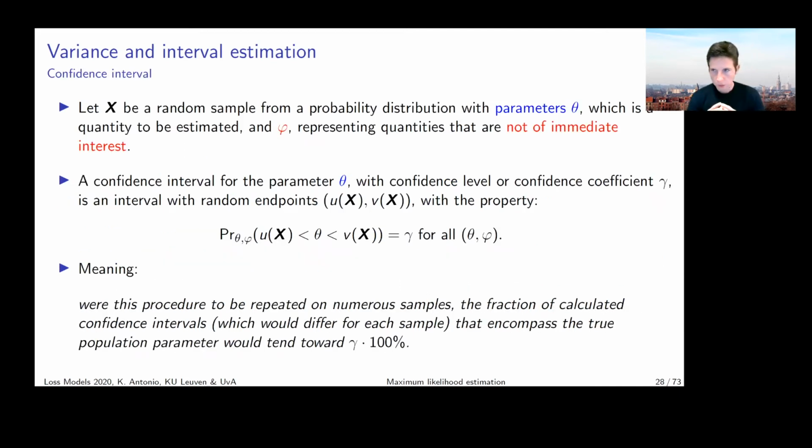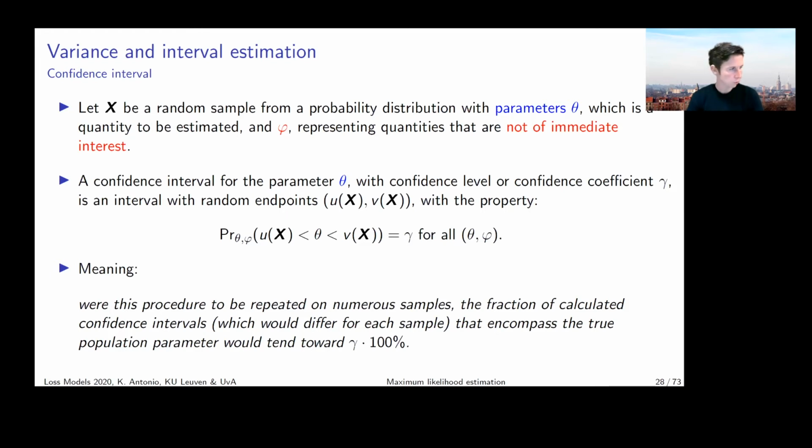So here a very difficult slide, and I forgot to build in transitions, but what if we look at the random sample, say x, so x is a vector, so that's x1 up to xn, the sample that we collected. Let's assume that this comes from a probability distribution with certain parameters theta, which we need to estimate, and then perhaps also some other parameters phi, which we're not immediately interested in.